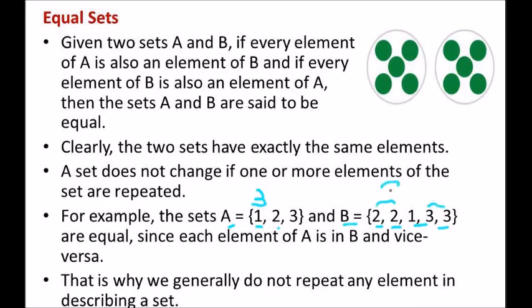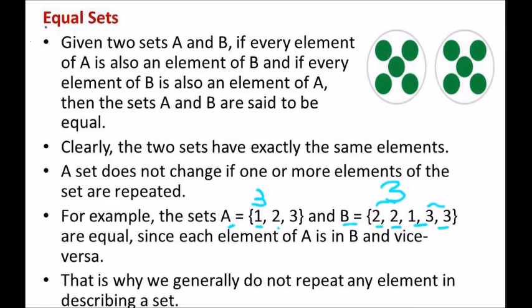Hence, set B also has 3 members, namely 1, 2 and 3. From this, we can clearly observe that set A and set B have 3 members and all the members in both sets are equal. These type of sets are called equal sets.